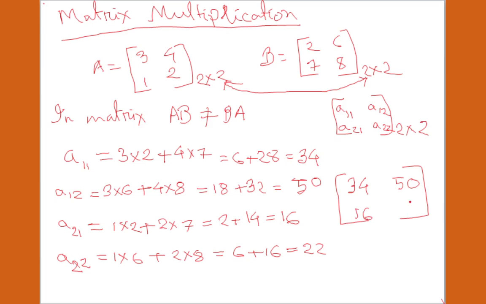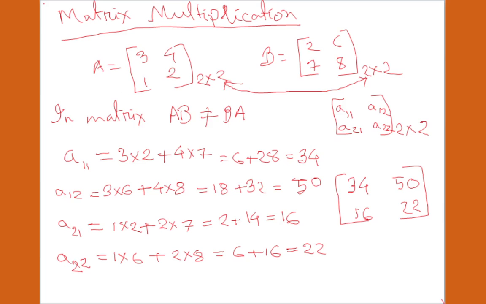A22, that is 22. Hence two matrices are multiplied. We have to say that column number of the first matrix must be equal to row number of the second matrix. This is matrix multiplication.